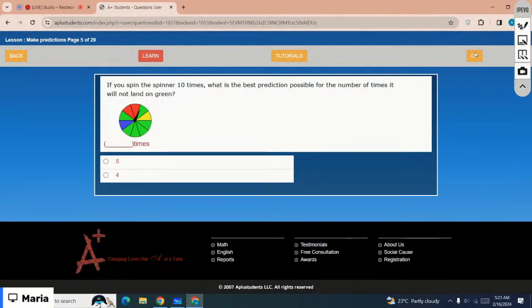The correct option is it will not land on green. You have then four portions. Yes, the correct option is four, right?